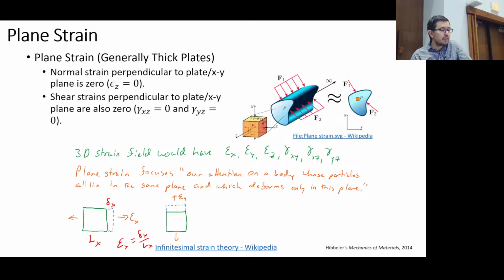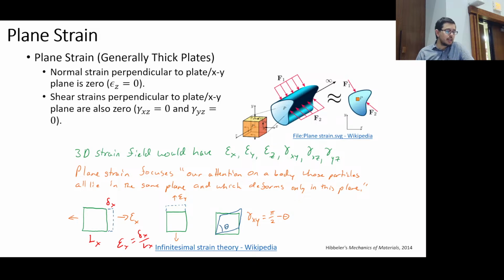Now, recall that the shear strain is a little bit different. Okay? The shear strain is described by the angle of deformation in the corner. Okay, so you see this corner here, which let's say is the right angle corner.